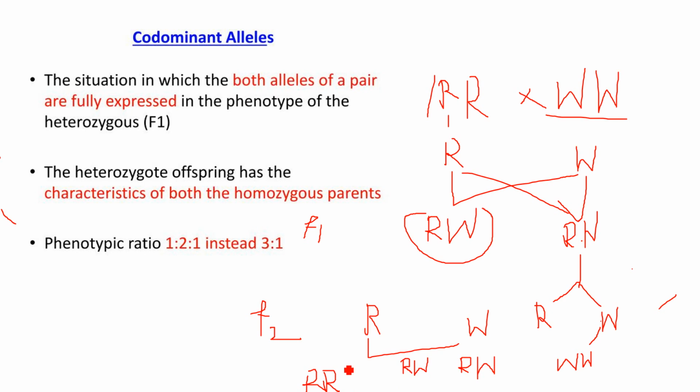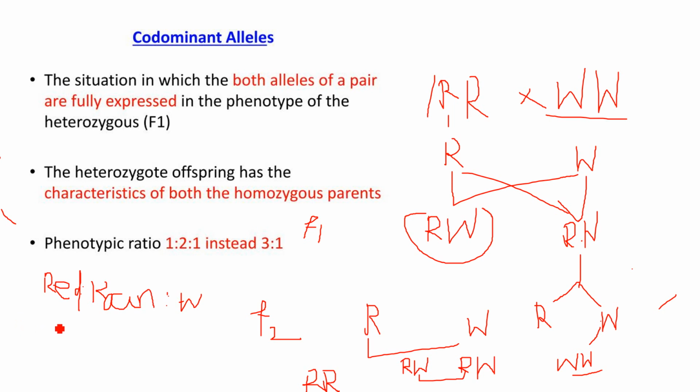Capital R means red color. Capital R, capital W means roan. These two are roan and this one is white. So in case of the phenotypic ratio, it is 1:2:1. That means red is to roan is to white.